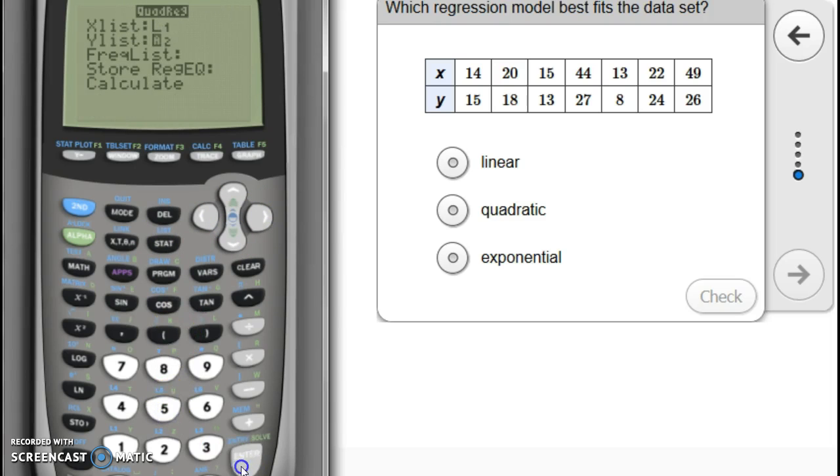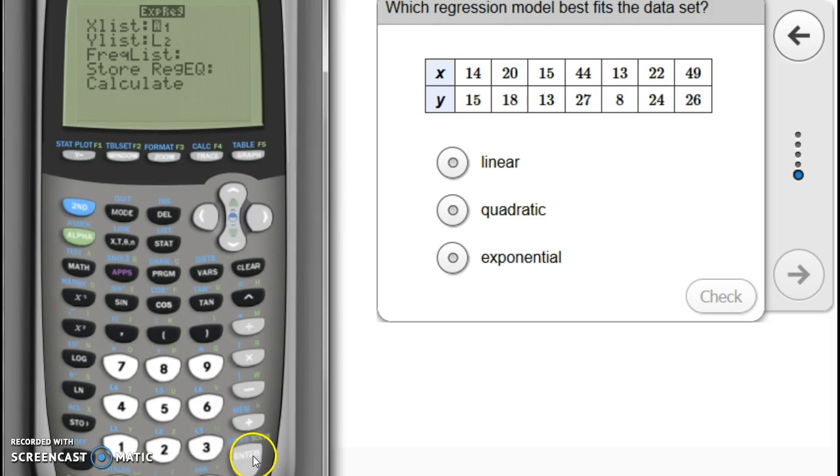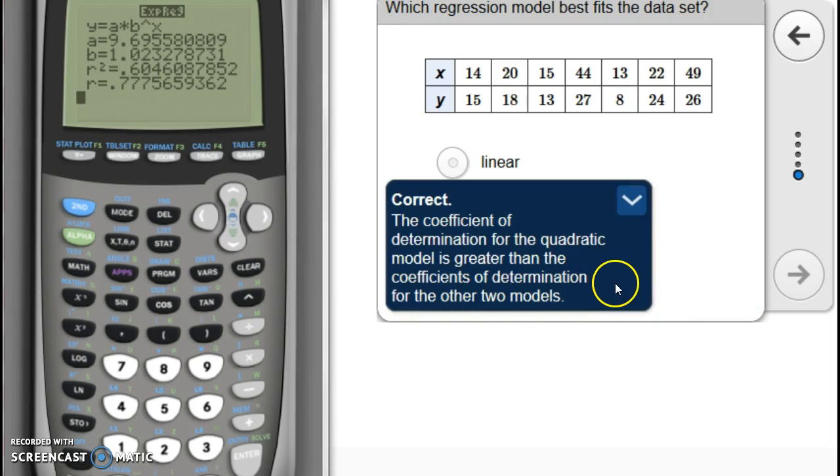If we use a quadratic regression, it's 0.92. And if we use the exponential regression, it's 0.60. So the quadratic regression is going to be the one with the coefficient of determination that's greatest, and therefore models that data the best.